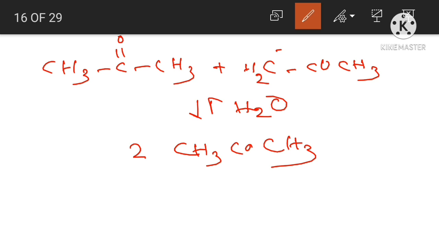So this is like the reverse of aldol reaction, so this is called retroaldol reaction.